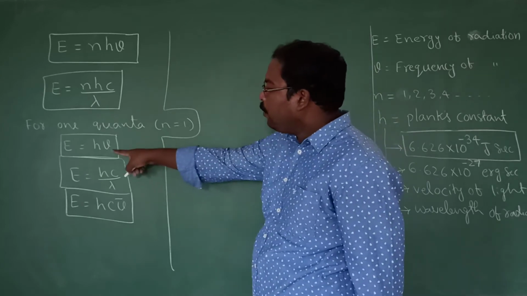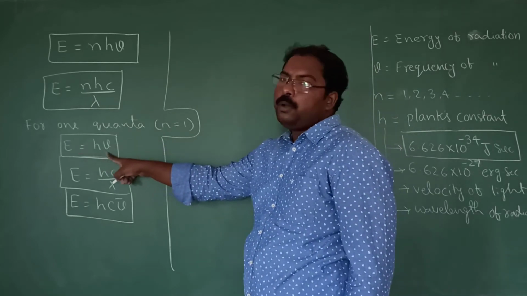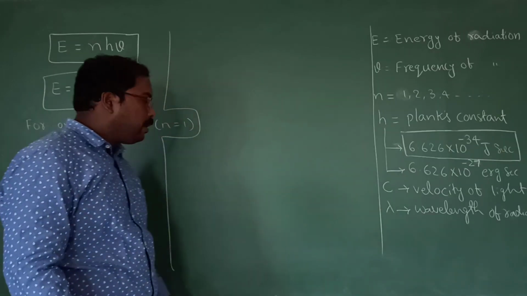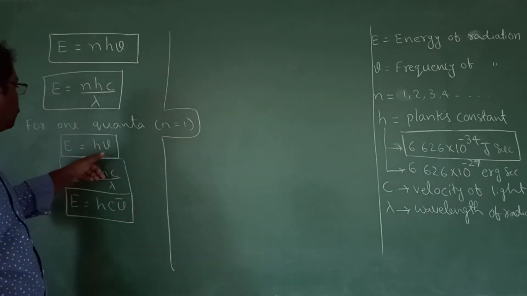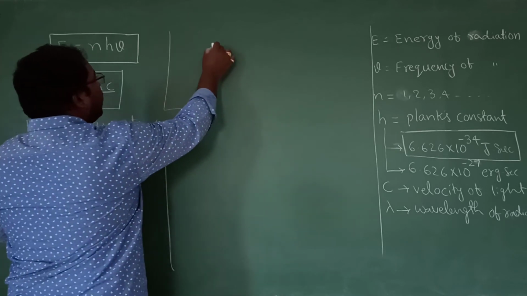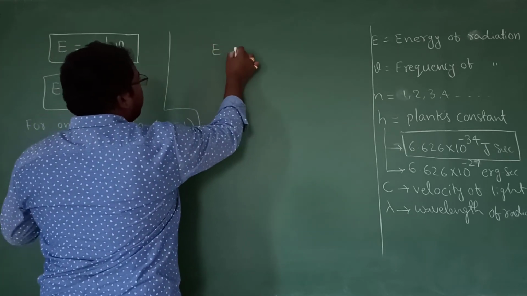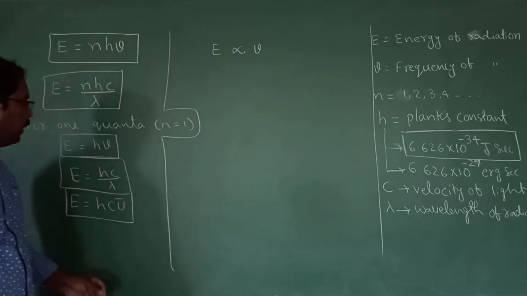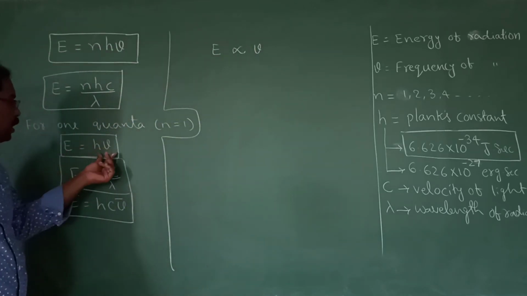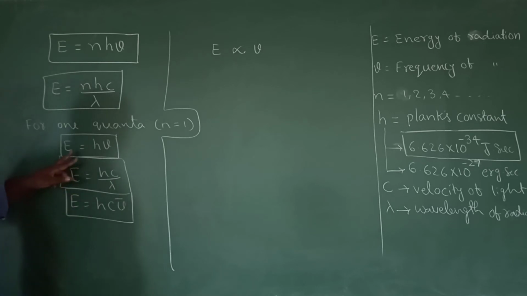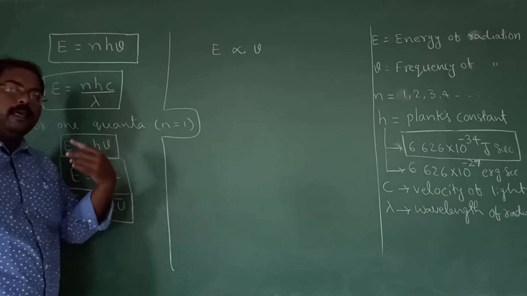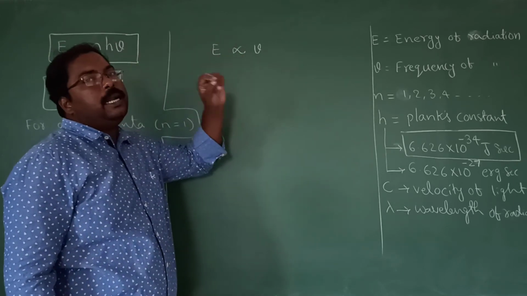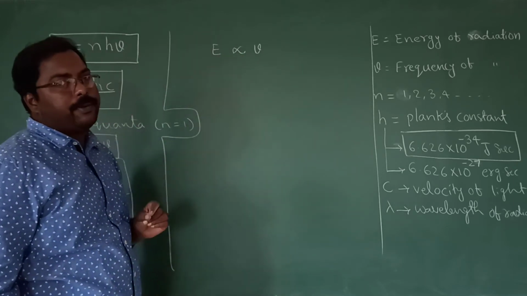What formula do we have? E is equal to h mu, where h is a fixed value, a constant. So from this relation, we can say energy is directly proportional to frequency.